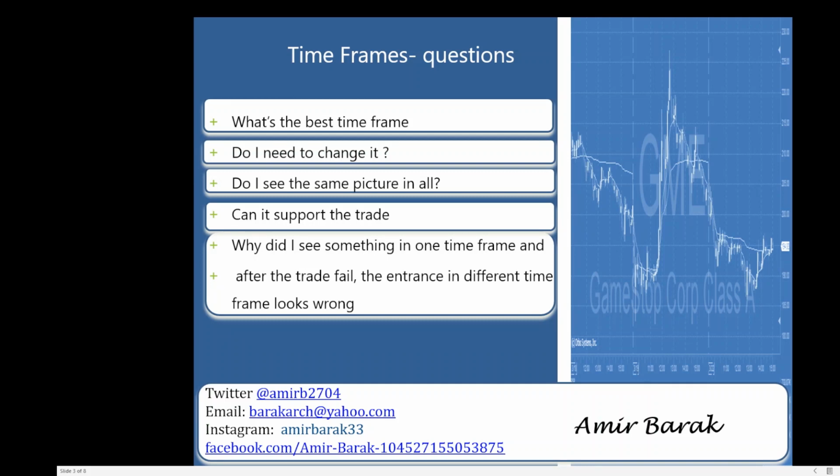So, questions. What's the best time frame? People think there is only one magic one that you stick to. We're going to cover it. Do I need to change the time frame?